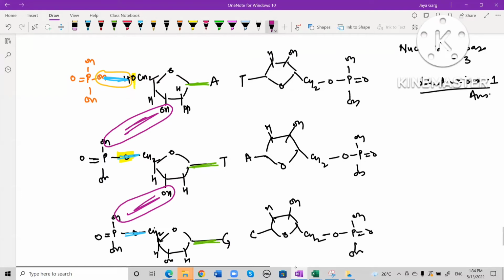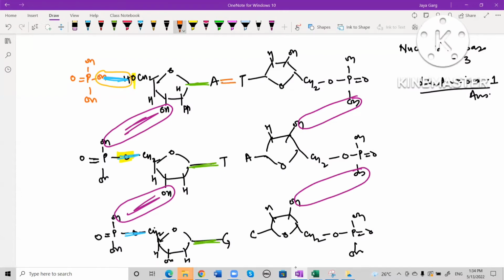Now I have to make diester. This is diester. And in between them, I have to draw hydrogen bonds.